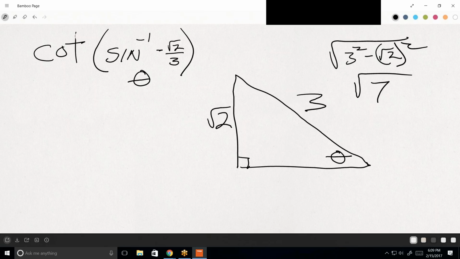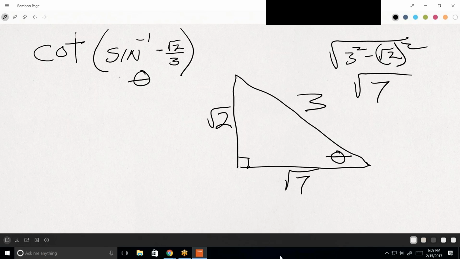So that's what this is, the square root of 7. Now, the negative sign, if you were to put this into your calculator, it's going to give you the fourth quadrant angle. So theta is going to be the same. It's just in the fourth quadrant.